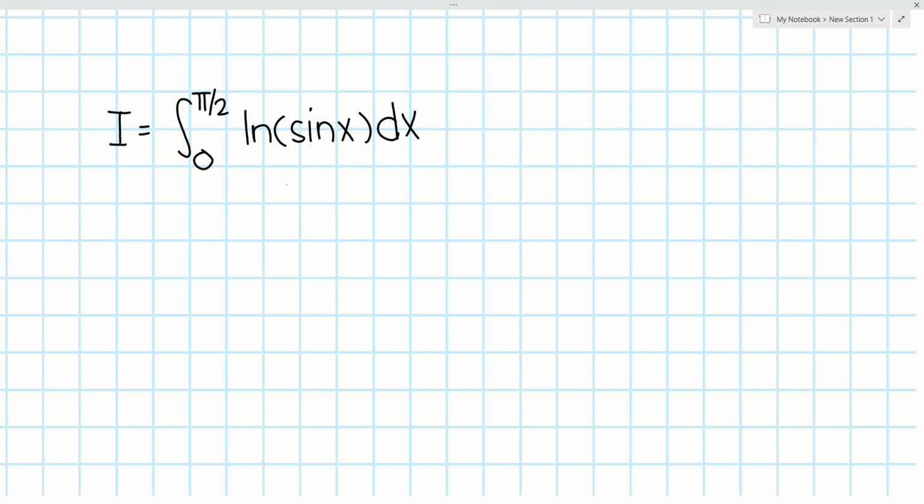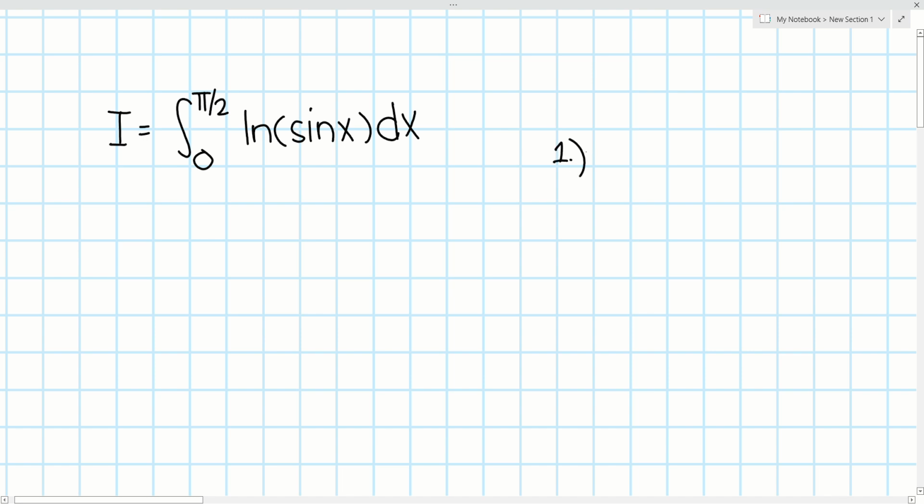We know that there are techniques for evaluating definite integrals even if they don't have an elementary antiderivative. I can enumerate some techniques.